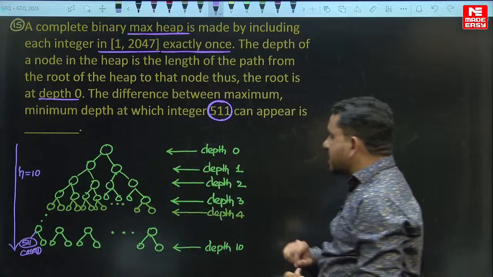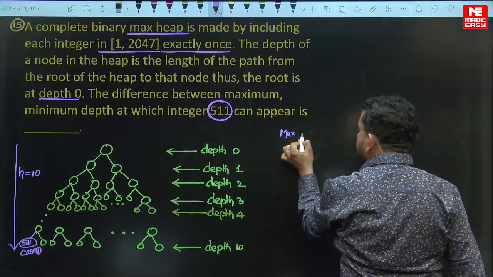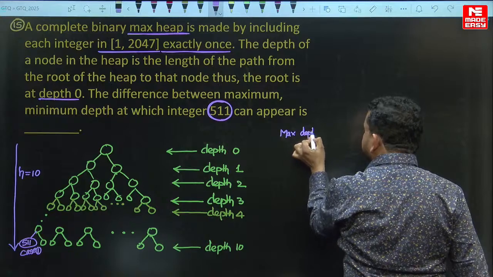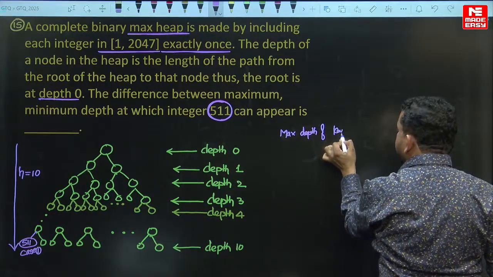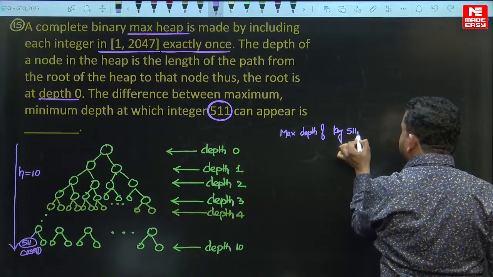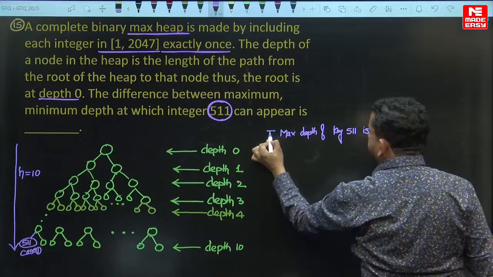Then the depth is 10. So the maximum depth of key 511 is 10, at the leaf level.